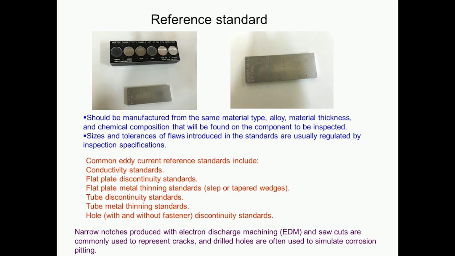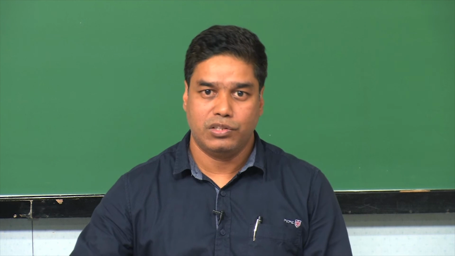Similarly, if you have a steel sample, then your reference standard should also be made of steel. Okay. So, that is the first thing that one should keep in mind while calibrating the instrument. The reference standard and the sample material should be same. Okay.